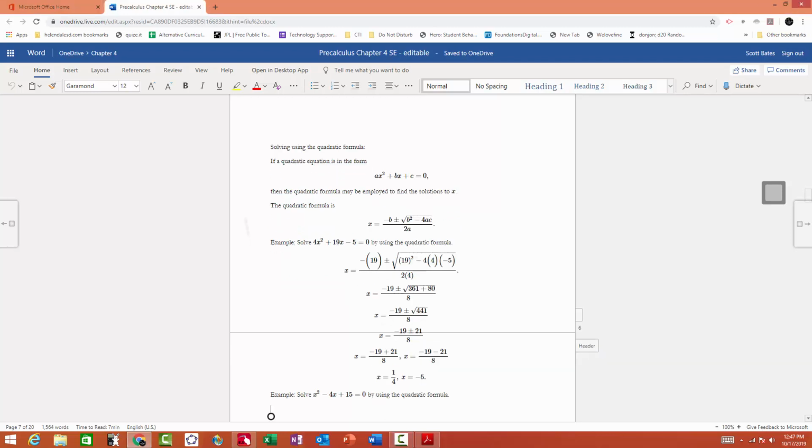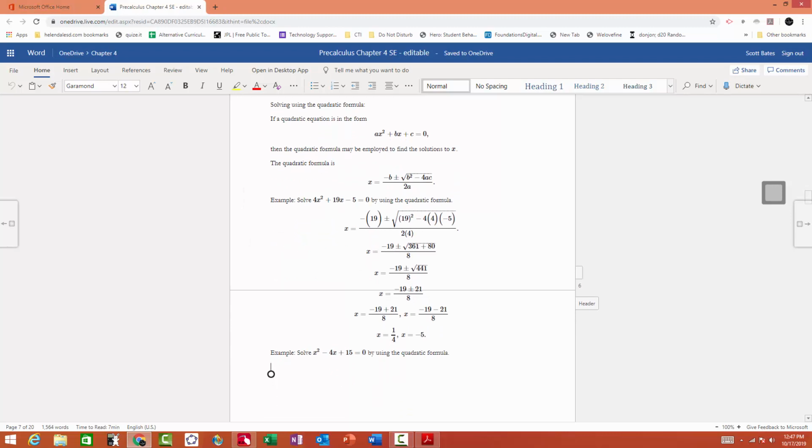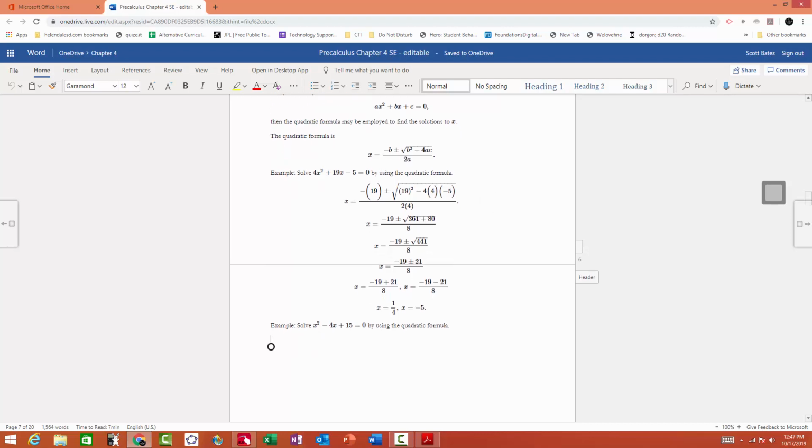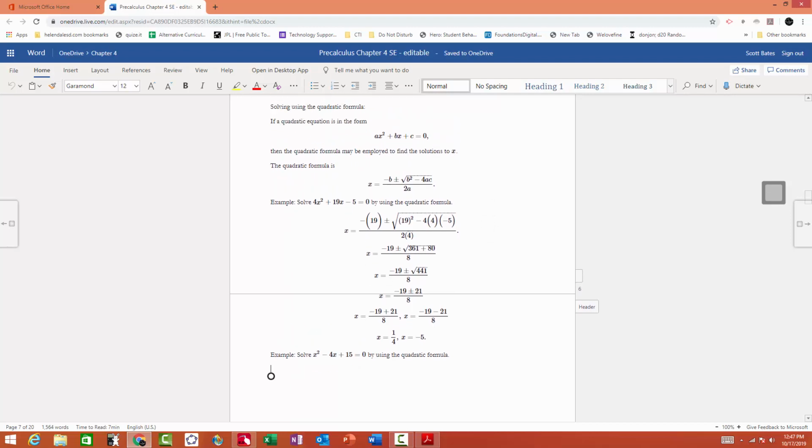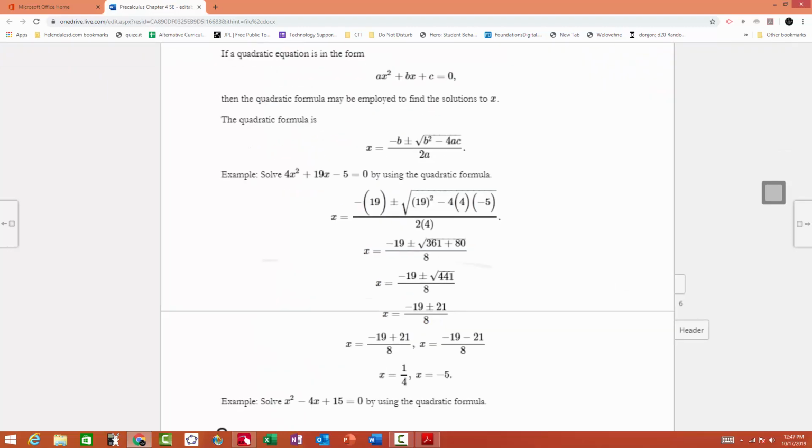So we have our quadratic formula. For instance, once again I put a full example in the notes. We need to make sure it's equal to 0, then we can define our a, b, and c. So we have 4x squared plus 19x minus 5 equals 0.